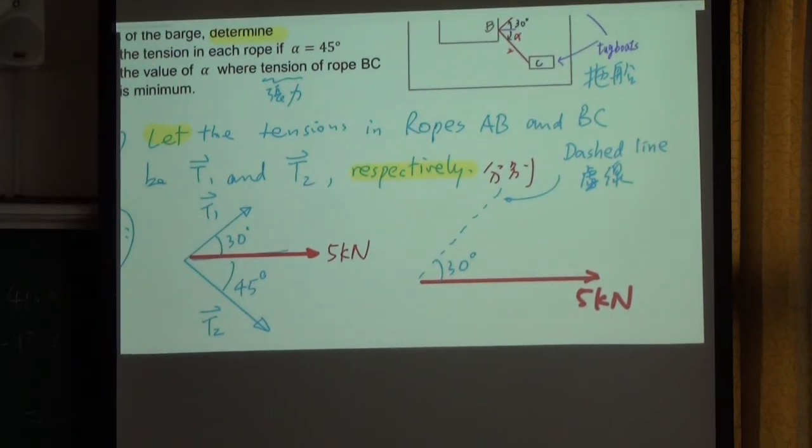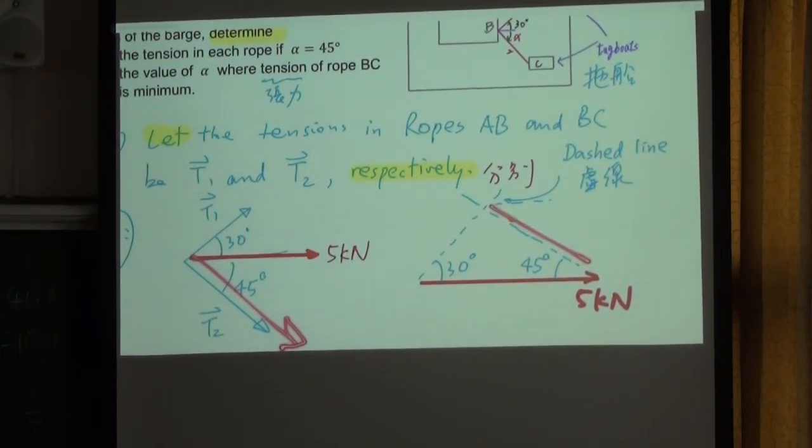Next, do we know the angle of T2? Yes. So we do the same thing again, and of course it is 45 degrees. Of course, this is a bit inaccurate, but you know what I mean. The direction of T2 is going to the bottom right-hand corner.